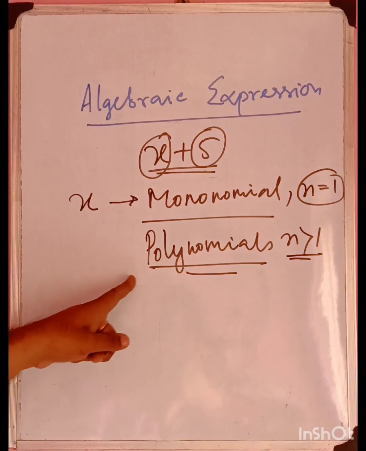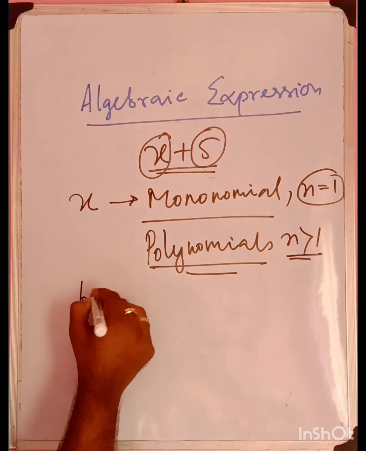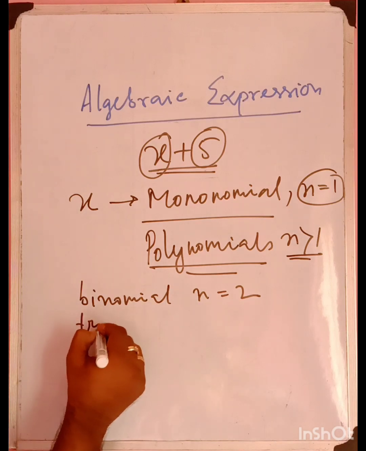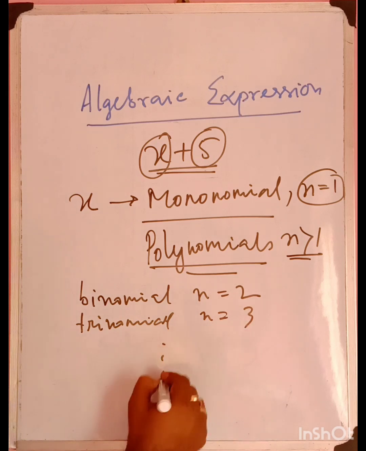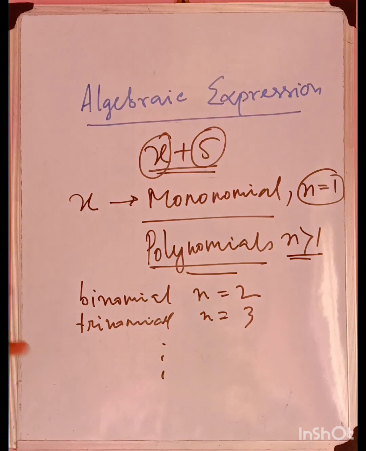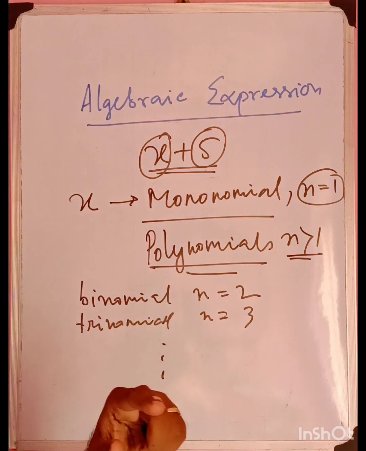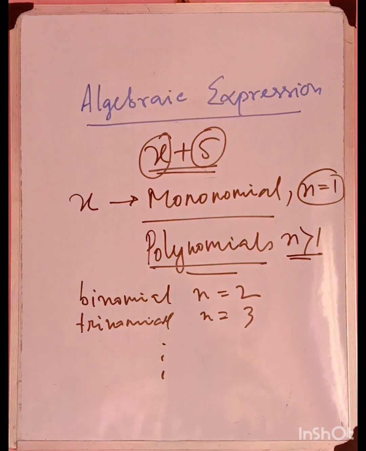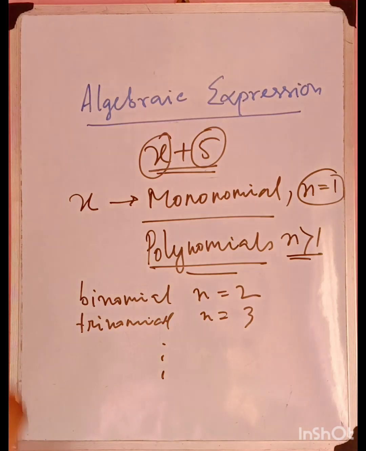So polynomial can be again named as binomial, that is n equals to 2, trinomial, n equals to 3, and so on. In general term, it is monomial, n equals to 1, or polynomial, n greater than 1. Okay, this is one way of classifying algebraic expressions. Got it?